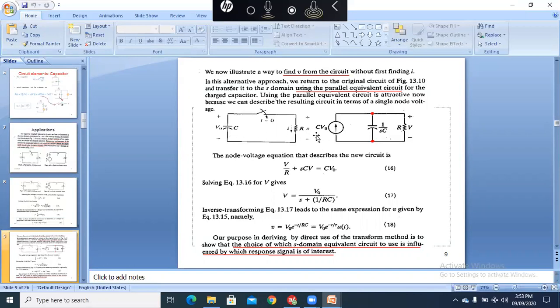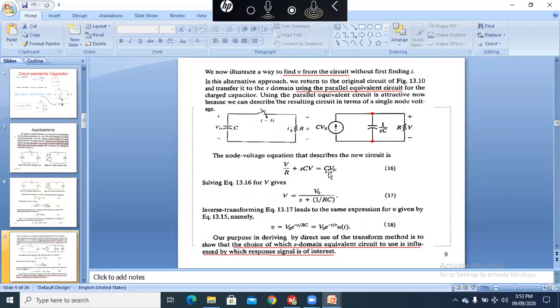So we can have the parallel representation of the circuit. This CV naught is in fact the current source, which is in parallel with the capacitance 1 by SC and R. Now this much current is divided across this branch and this branch.